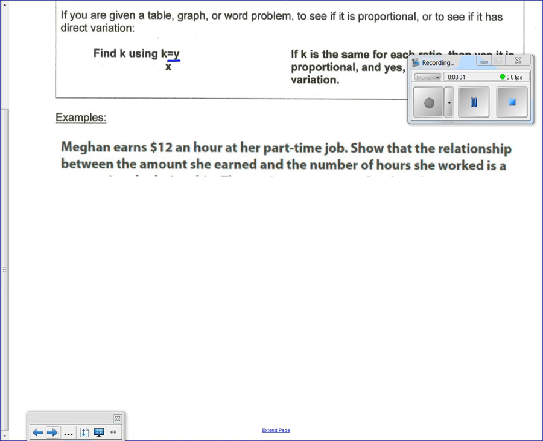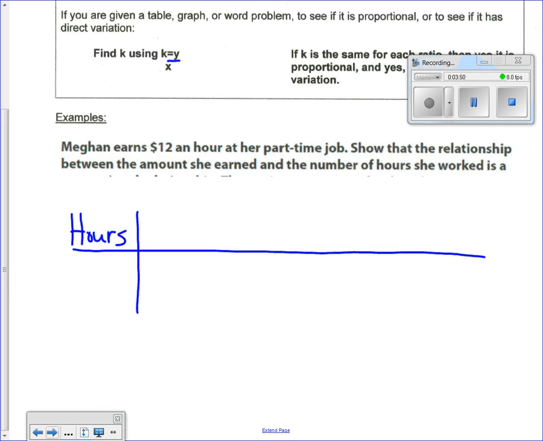The first thing we're going to do is make a table. Okay, we have hours and dollars. Hours is going to be our x, and amount earned is our y. Time is always x.